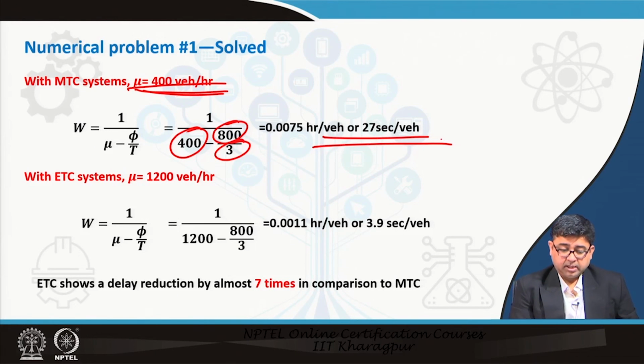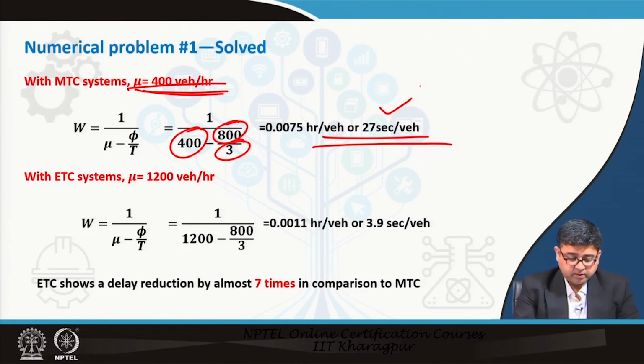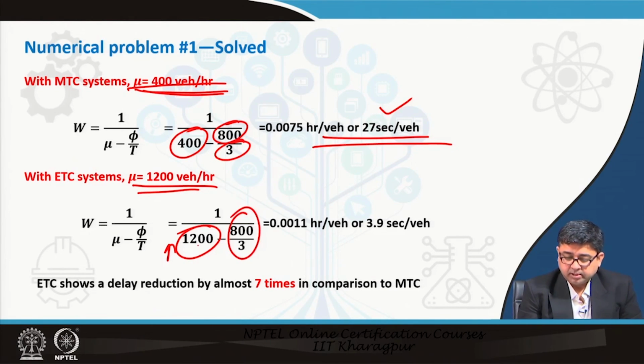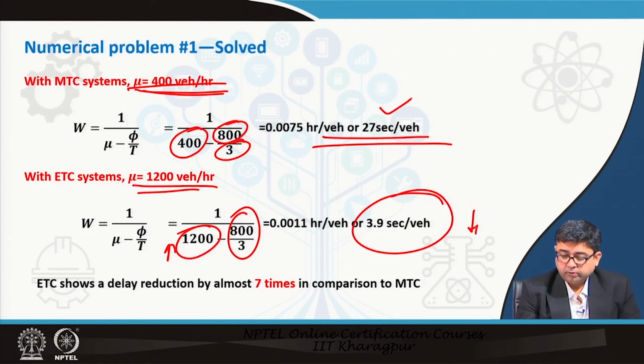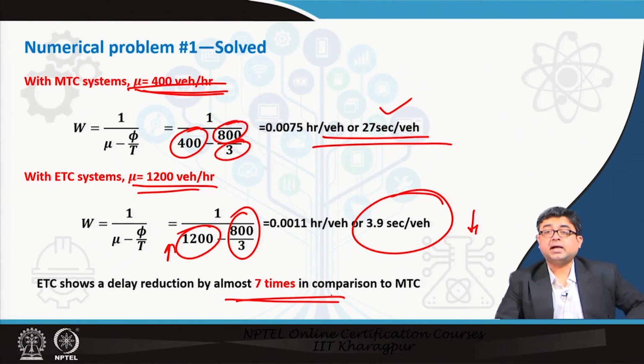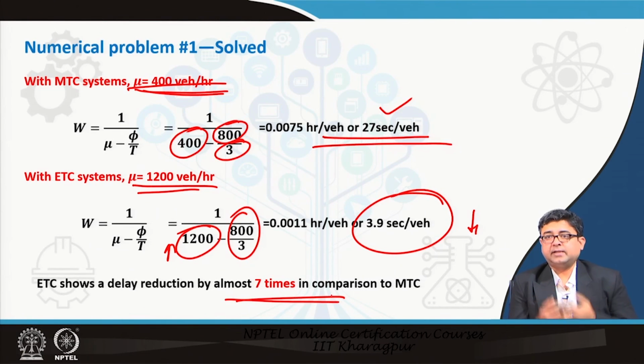So, you see that the delay is 27 seconds per vehicle, whereas at an ETC, when the service rate has gone up, this remaining constant, your delay has gone down to just 3.9 seconds per vehicle. So, almost a 7 times reduction in delay due to the application of electronic toll collection. These are the benefits of, for example, ICT devices.